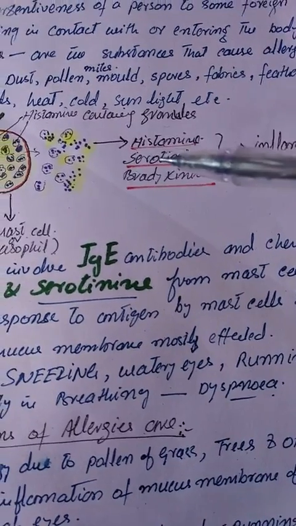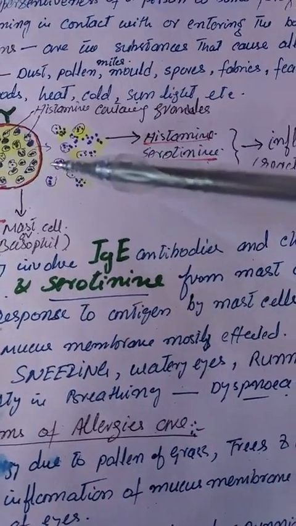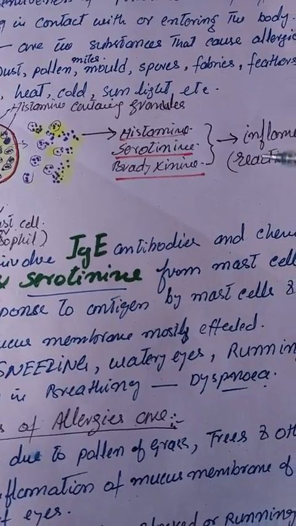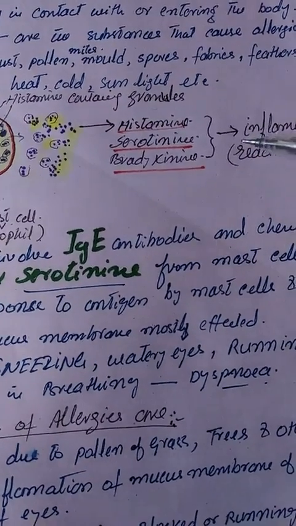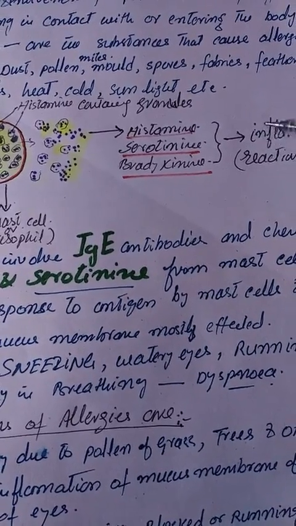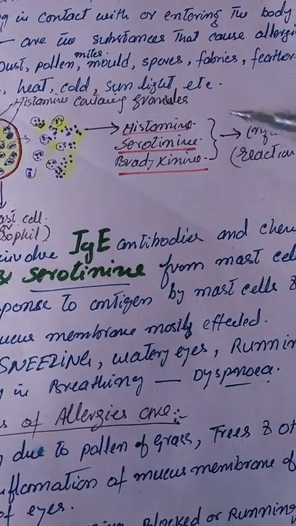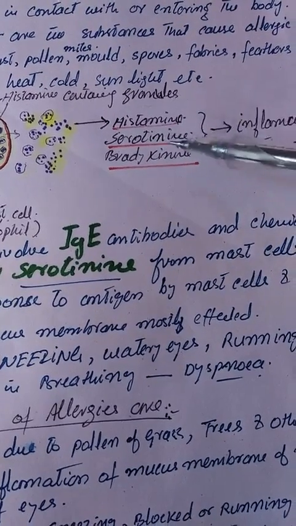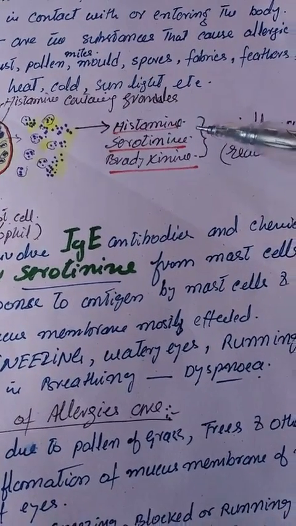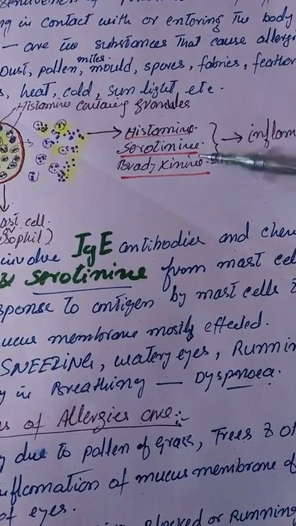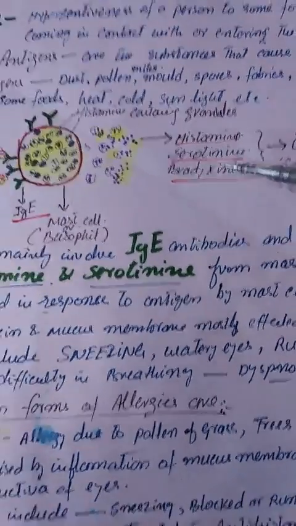Here the injurious agent is basically this allergen, which leads to the various symptoms of inflammation such as redness, swelling, etc., because basically this histamine causes vasodilation. The local blood vessels dilate, which drain more and more blood towards the site of this antigen-antibody interaction.